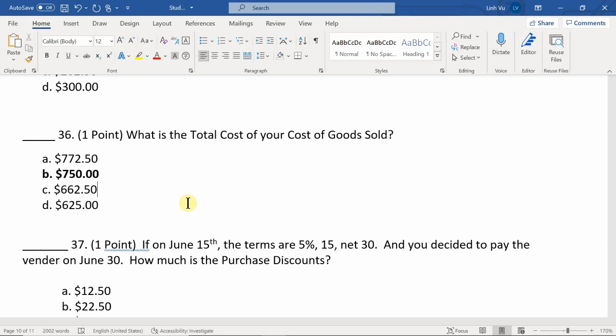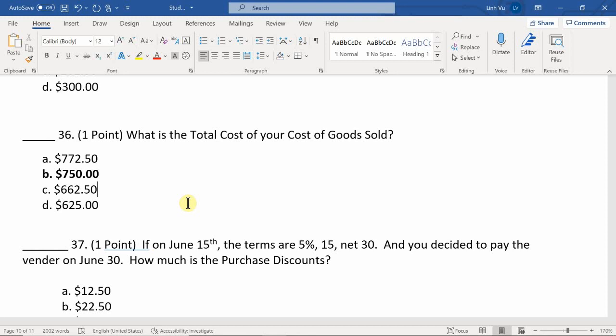This is just an example of how you're able to tell the difference between the three methods, using LIFO, FIFO, and weighted average, and getting three different costs for the cost of goods sold and the ending inventory. Okay, so that's the main goal.